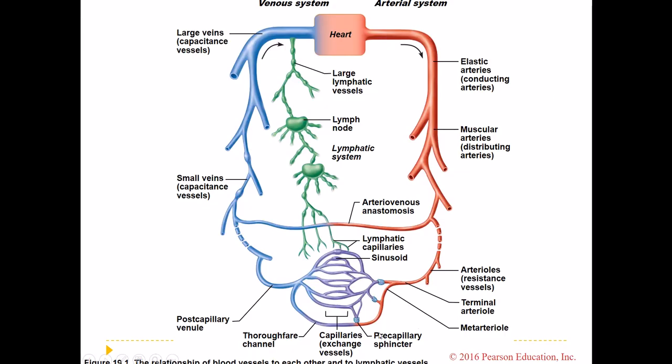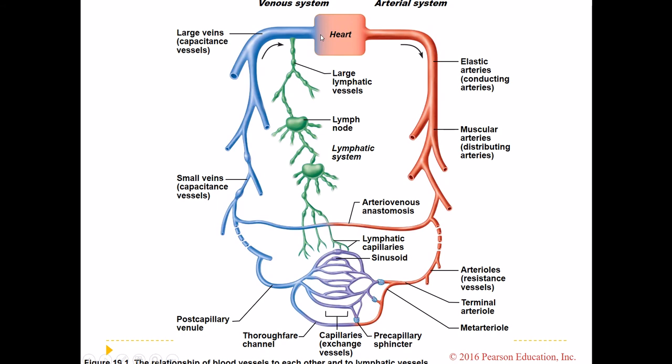This is the arterial system and the venous system. So here's your circulatory system connecting to the other part of the cardiovascular system, your heart. So arteries are always leading away from the heart. Veins are always returning to the heart. In the systemic circuit, arteries are carrying oxygenated blood and veins are carrying deoxygenated blood.